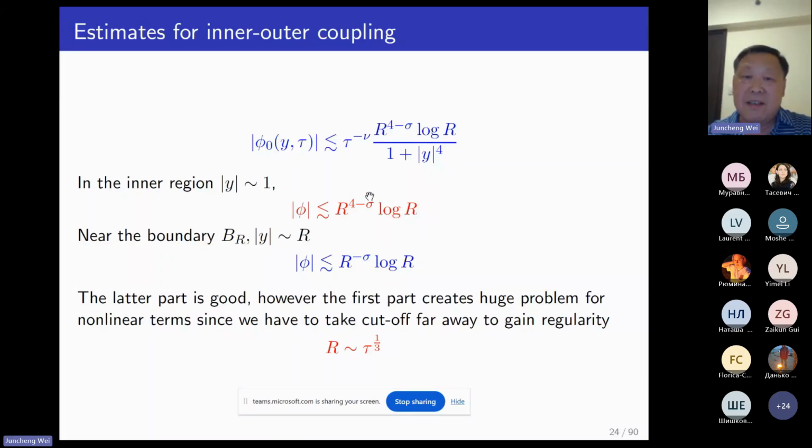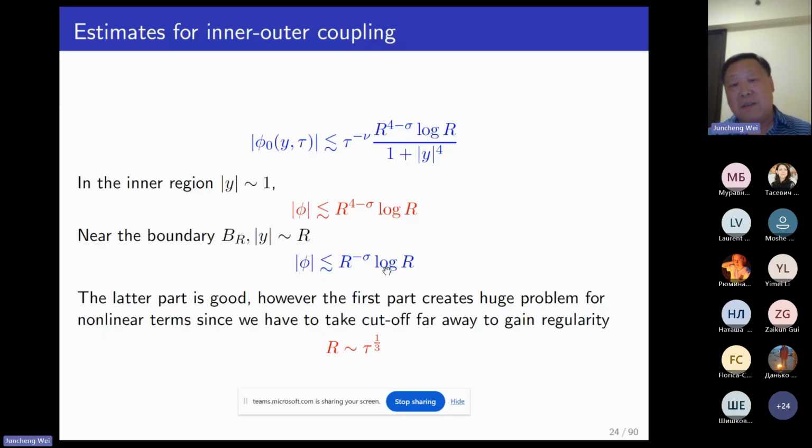In the inner part, it is really big. It's like R to the 4 log R. And remember, in many of the problems, our R is basically like tau. So you lost a lot of time decay inside. However, near the boundary when y equals R, this term is R to the minus sigma. So you gain some decay, and this is good. You gain some decay, so the outer Green's function can work.